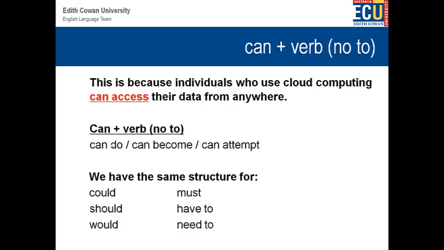We often use modal verbs in English, very useful verbs. Other examples include could, should, would, must, have to, need to. Same structure: must do, must become, must attempt. Should do, should become, should attempt. We use the modal verb plus the next verb, but we don't use to.